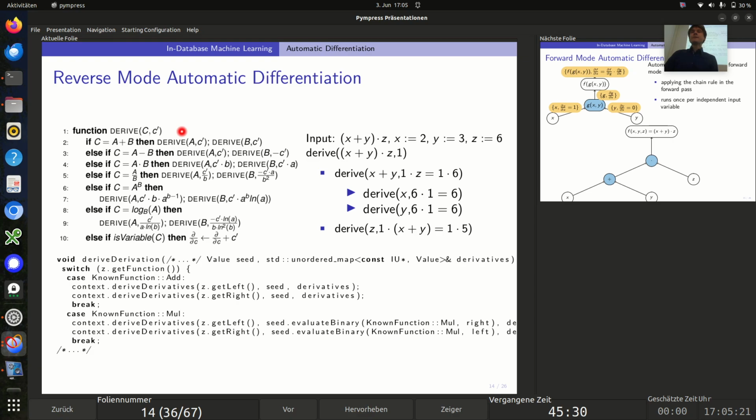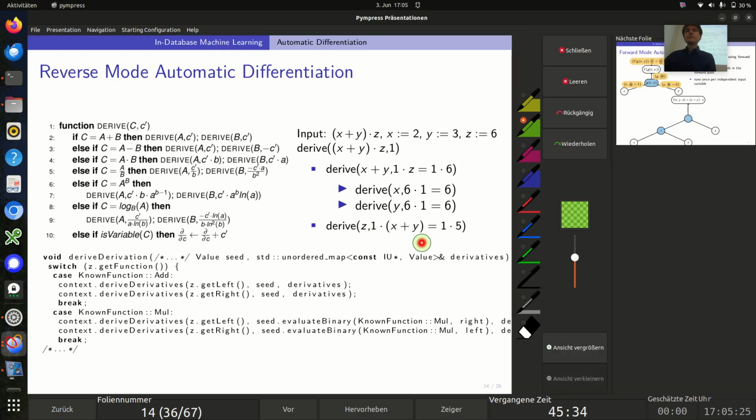And in this case, z actually is 6. So we have computed like the first one already here. So we know that the whole function derived with regard to z is 5.